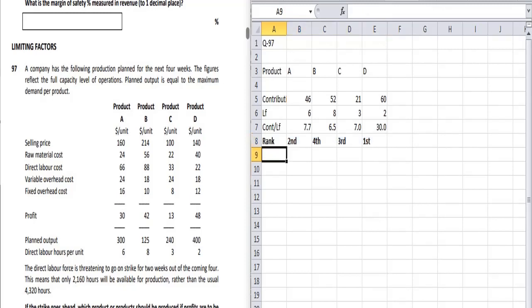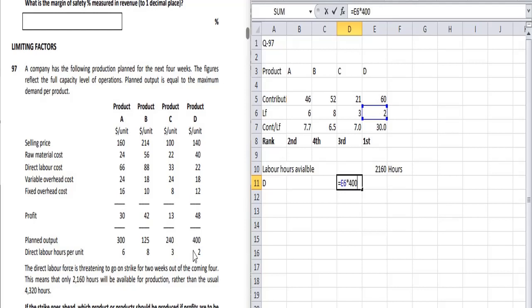Okay, so how many labor hours are available? Labor hours available is 2160 hours due to the strike which the labor are going to take, right? So first we will produce product D, and how many hours will be required to produce product D? 1 unit of product D requires 2 hours of labor, and what is the unit?